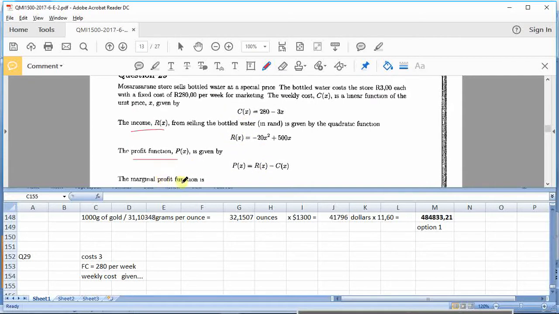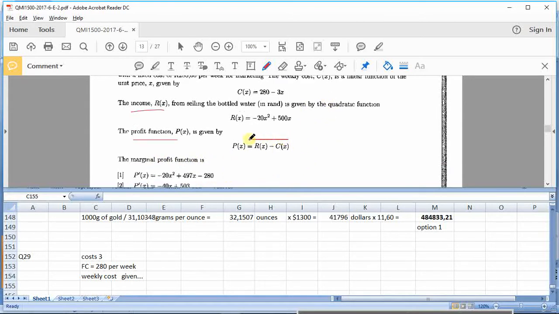They want to know what the marginal profit function is. Before we can work out the marginal profit function, we need the profit function. So that is going to equal minus 20x squared plus 500x minus 280 plus 3x. That gives me negative 20x squared plus 503x minus 280.